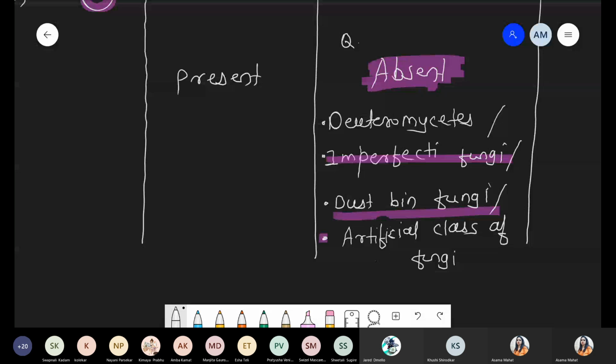Why are these called dustbin fungi? Listen, whenever we are talking about the total 5 classes, Deuteromycetes comes exactly in between. Between means, if you see toward the left hand side, those are primitive. If you see toward the right hand side, those are the advanced ones. Now if any new fungus is discovered, a new or novel species, we don't know its habitat, whether spores are present, or how it shows its life cycle.